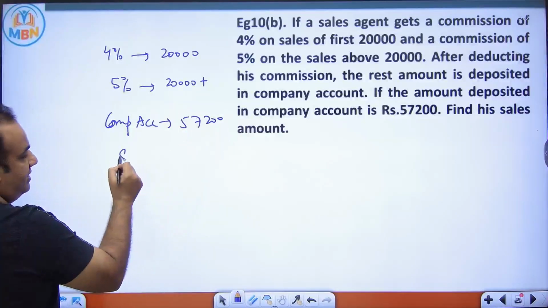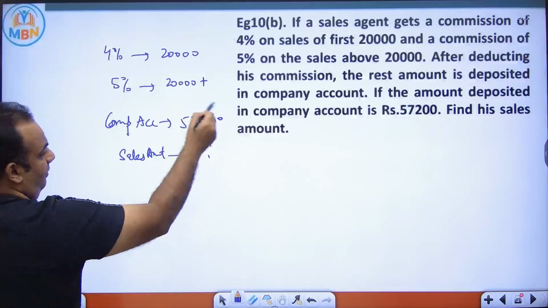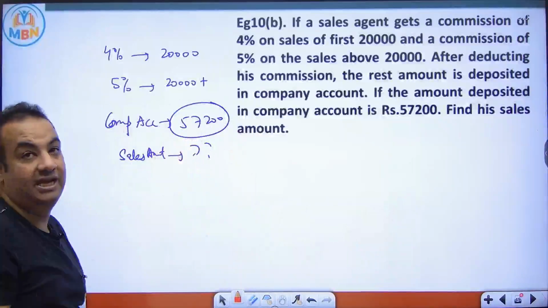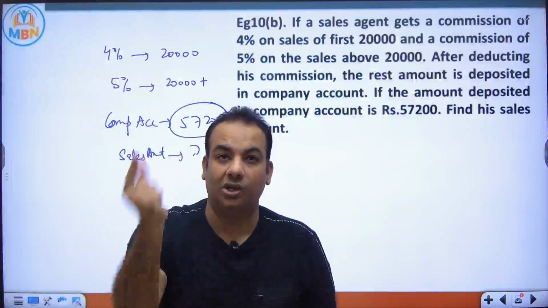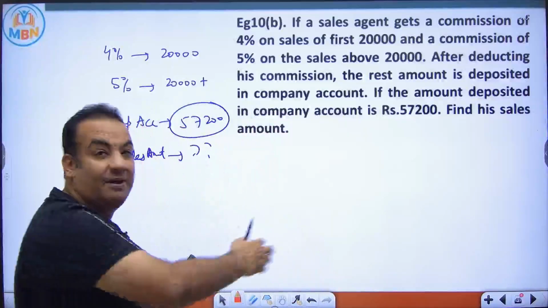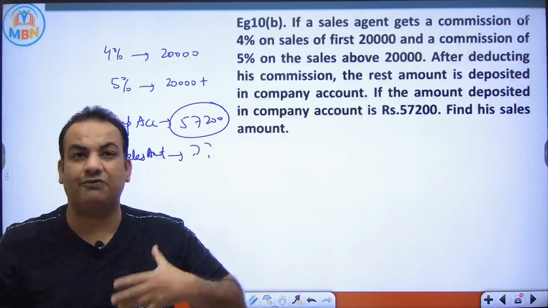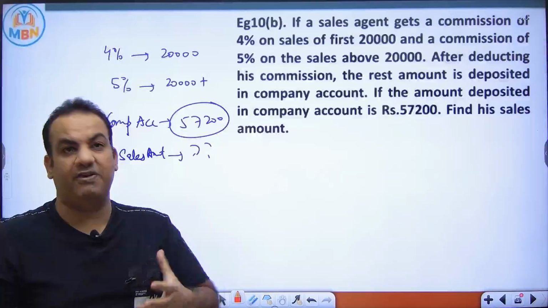So what is the sales amount? One thing I am sure of is that the sales amount will definitely be more than this, because after deducting his commission, he has deposited this much. Now what is the logic to solve this question? Some people will make complex equations and solve them. But when you are appearing for the mains exam, your approach should be different from others. You should be very fast.